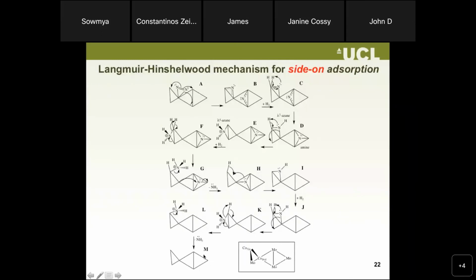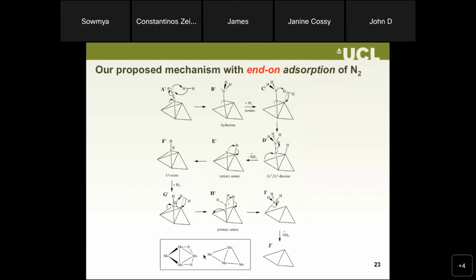So this was the Langmuir-Hinshelwood mechanism, which is the one that is currently known to be happening for the iron catalyst. But of course, in our case, we have also looked at the Mars-van Krevelen mechanism, in which you have the adsorption of nitrogen in an end-on configuration, then the reaction of hydrogen with that, forming hydrazine.